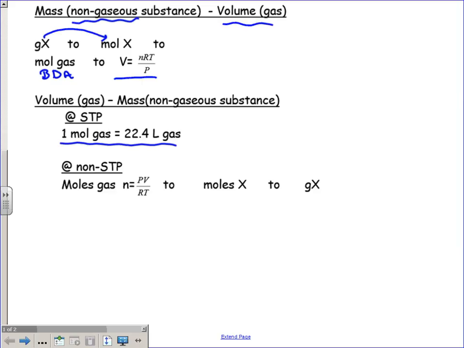We'll solve for moles of the gas using the ideal gas law, and then we'll use our mole ratio to get from moles of the gas to moles of the non-gas, and then, of course, to solve for whatever unit that they ask you to solve for. Generally it's grams, because that's a very measurable unit. Okay, I'm going to do 2 problems with you.